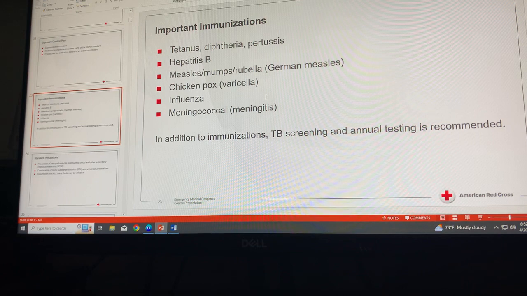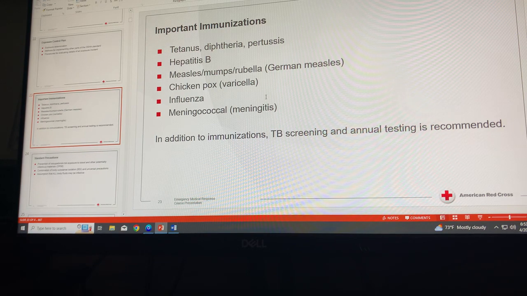Your immunizations should be current while practicing in healthcare and should include protection against tetanus, diphtheria, pertussis, hepatitis B, measles, mumps, rubella, also called German measles, chickenpox, also known as varicella, influenza, and meningococcal meningitis.